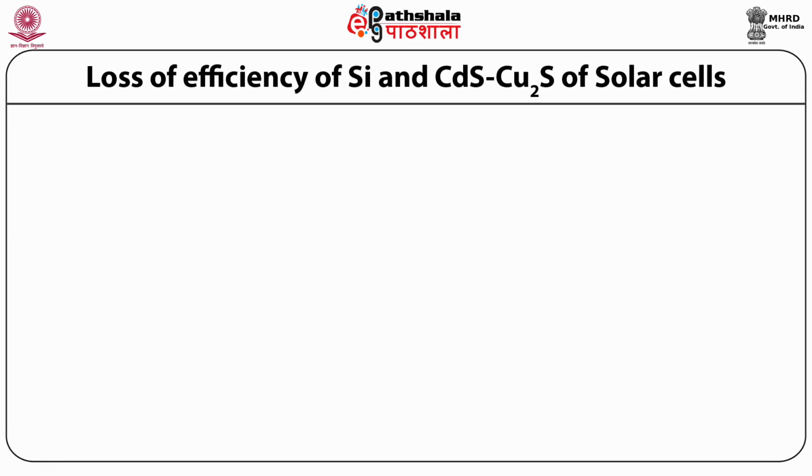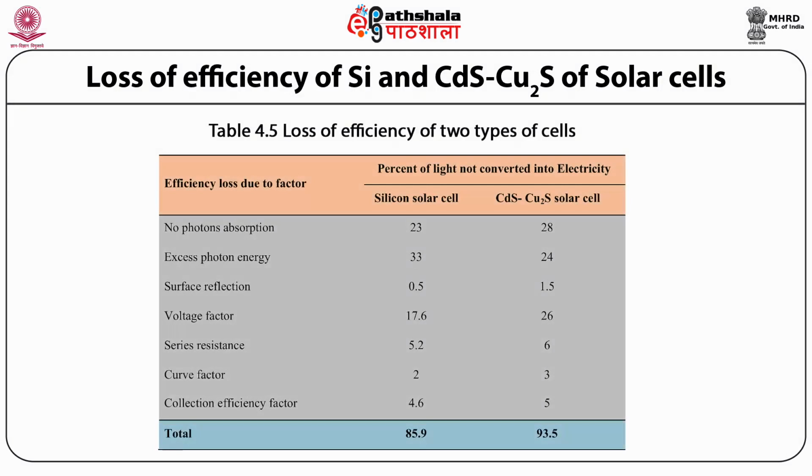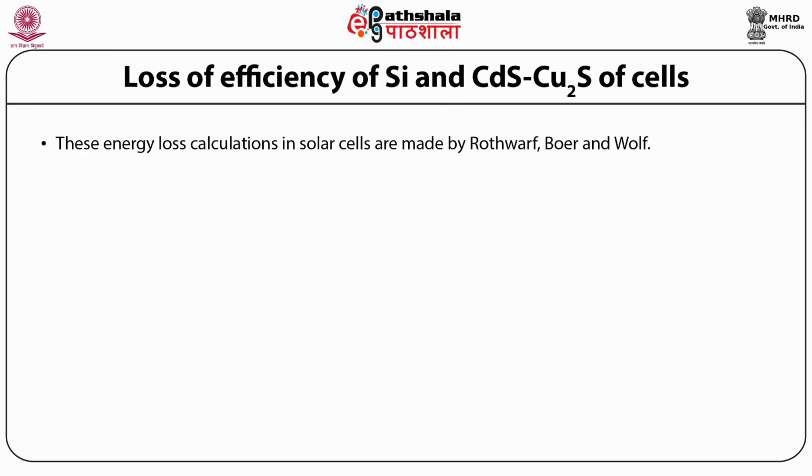Loss of efficiency of silicon and cadmium sulfide, copper sulfide solar cells. This table summarizes the various losses for the solar cell based on the actual silicon solar cell and cadmium sulfide, copper sulfide semiconductor materials. These energy loss calculations in the solar cell were made by Loferski, Wolf and others.